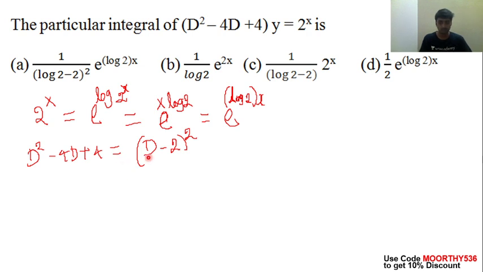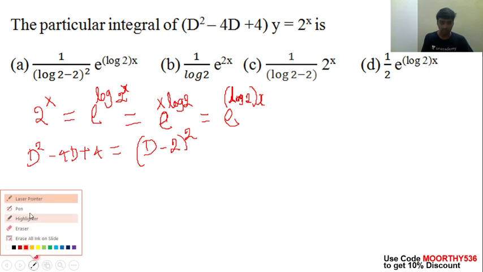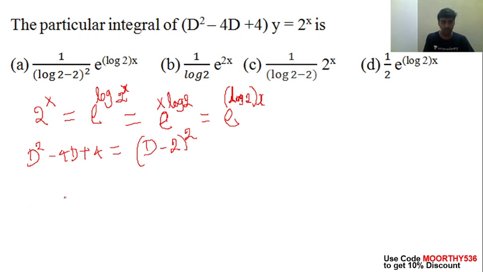Yes, as per the discussions here, the particular integral P.I. is equal to, we know that, 1 divided by f of d. F of d is equal to d minus 2 the whole square, into e power log 2 into x.